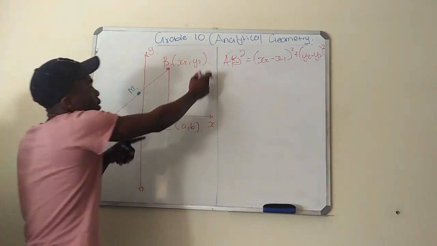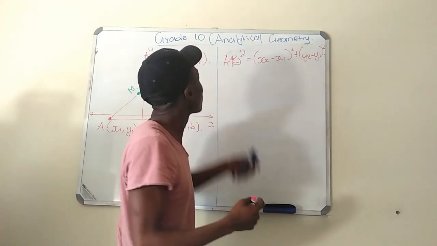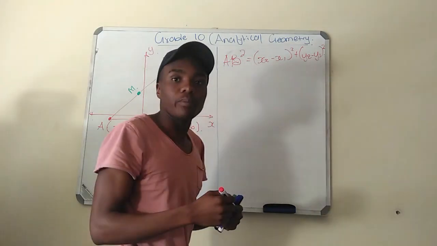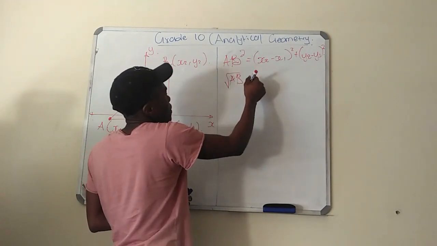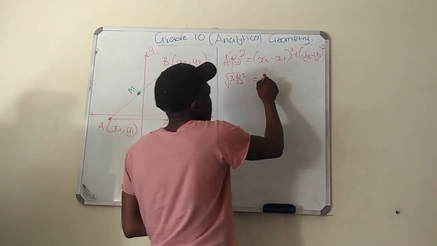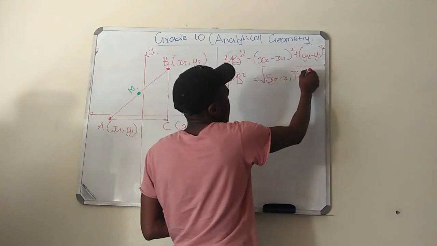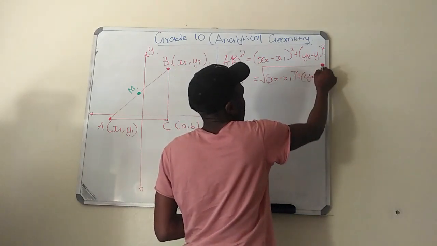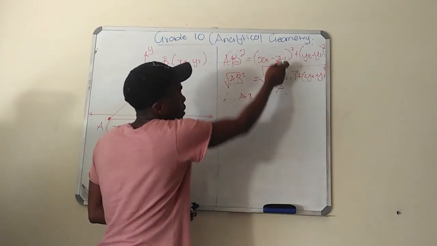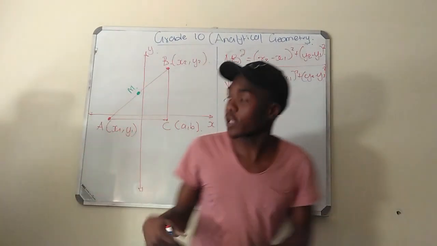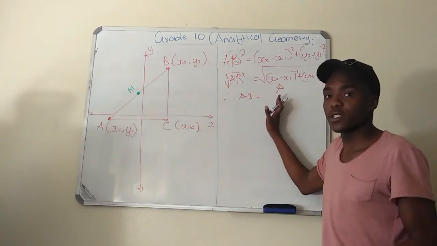And to get rid of the square, we put a square root on both sides. So AB is equal to the square root of x2 minus x1 squared plus y2 minus y1 squared. The distance or the length between these 2 points A and B, we use this formula.